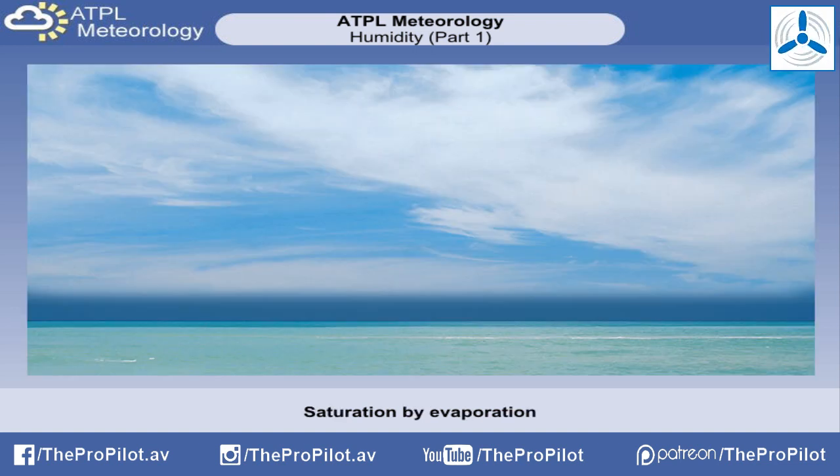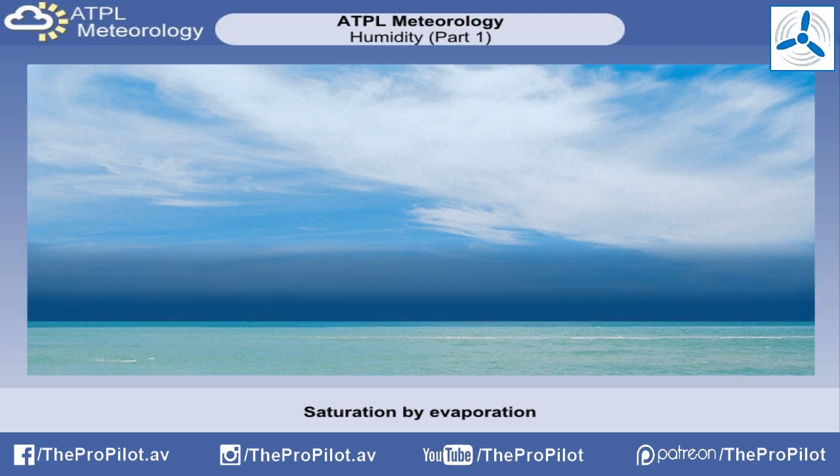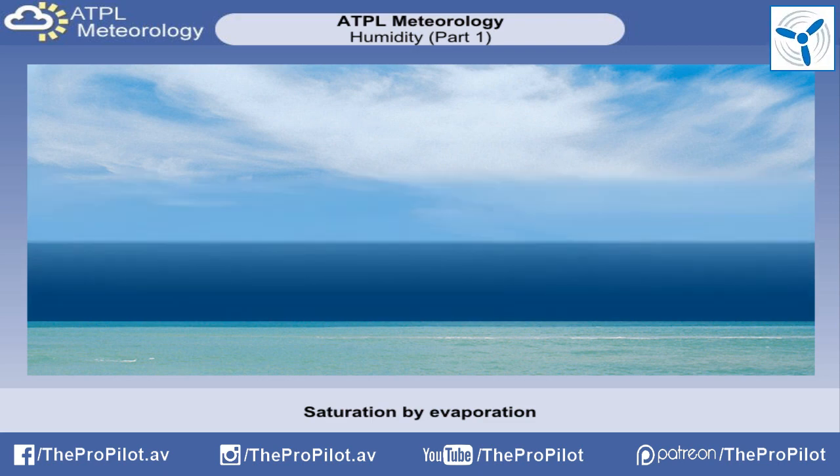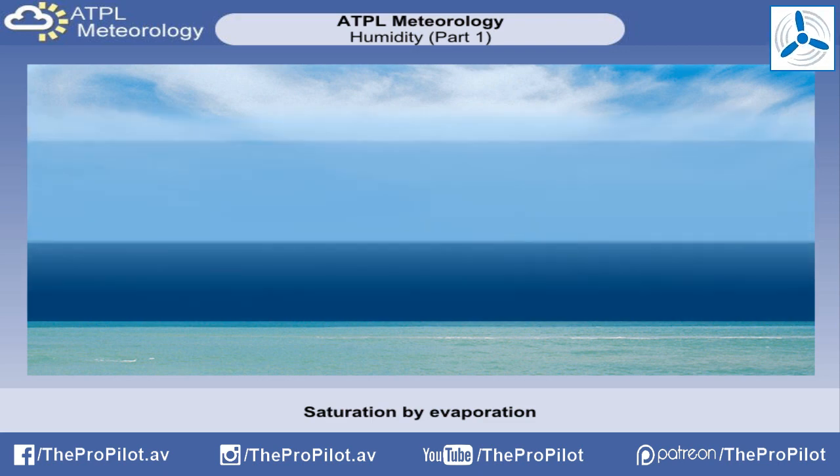Looking at the diagram, we can see that evaporation from the water surface is adding water vapour to the air. However, for a particular temperature, there is a maximum amount of water vapour a body of air of unit volume can hold. So, as evaporation continues, the air above the surface will contain more and more water vapour, and may eventually reach its maximum holding capacity.